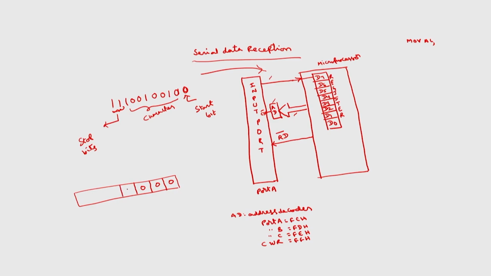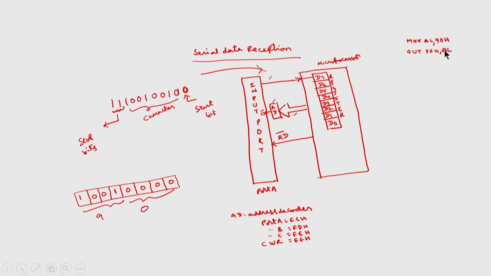Port C upper, not using, output port. Port A, I have to program as input port, 1. Mode selection for port A, mode 0 only, 0 0, and this is for I/O mode 1. So, this will be 90H. We have to take AL with 90H, so that port A will be programmed as input port. Out, control register FFH comma AL.